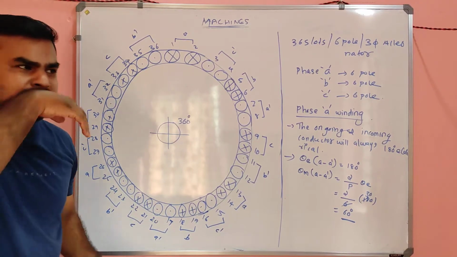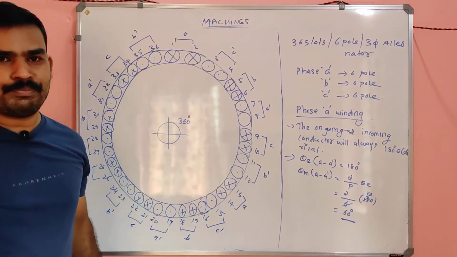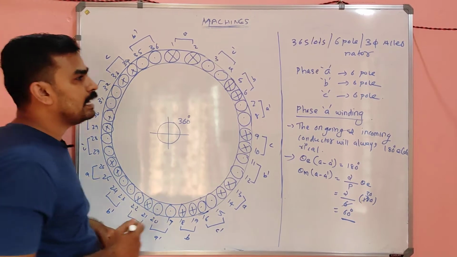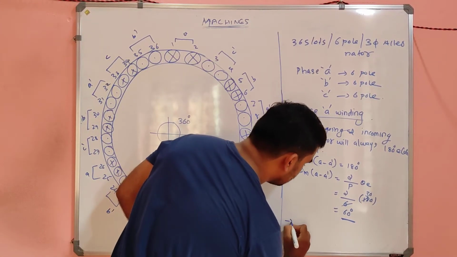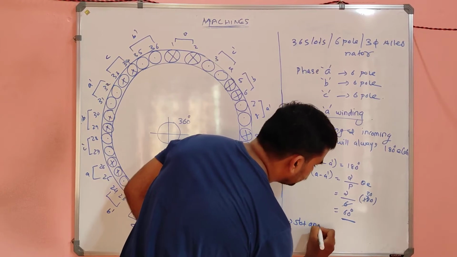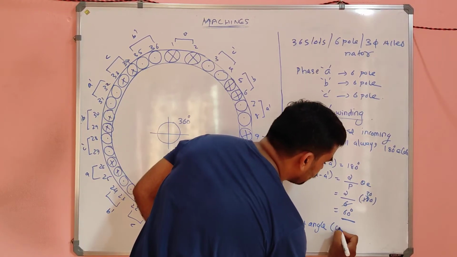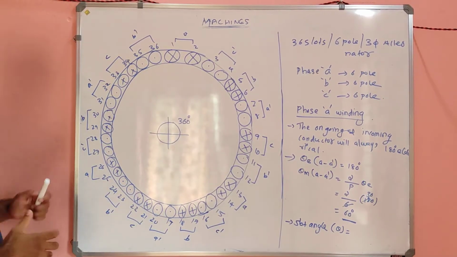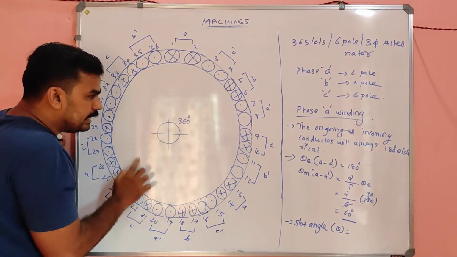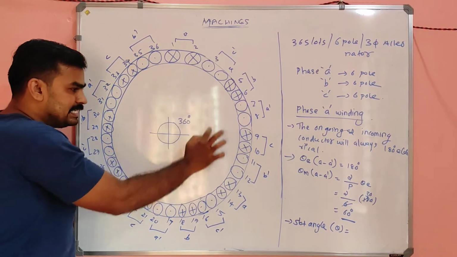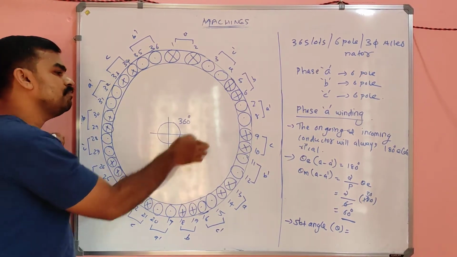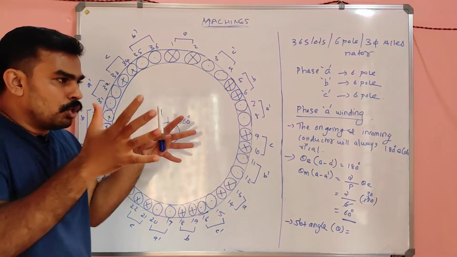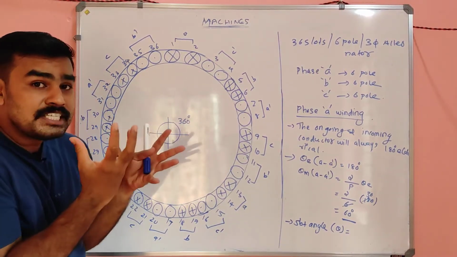Okay, what does the 60 degree mean? Before that, there is another term you have to note here, slot angle. It is represented by theta. Slot angle means this is a 360 degree total structure, my dears, in which each slot occupies how much degree?